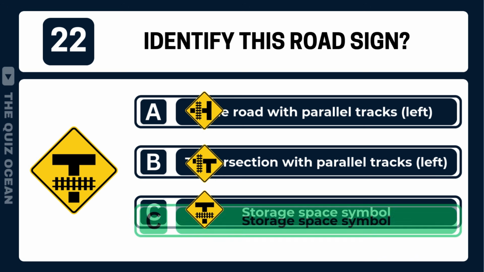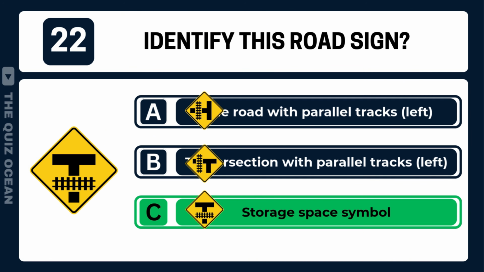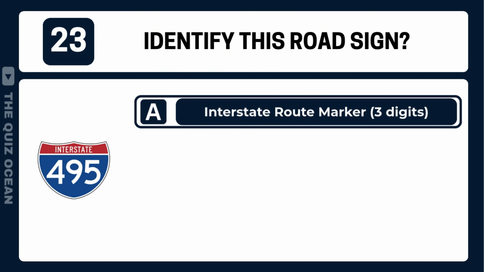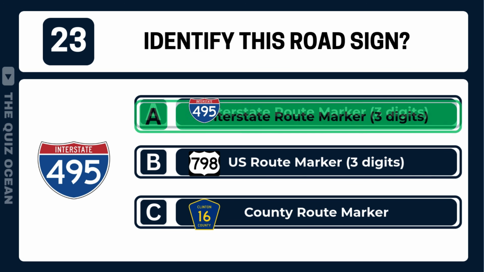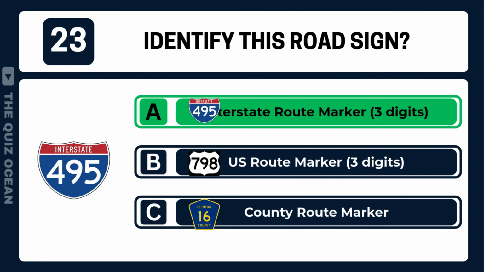The answer is C. Storage space symbol. Question 23. Identify this road sign. The answer is A. Interstate route marker, 3 digits.